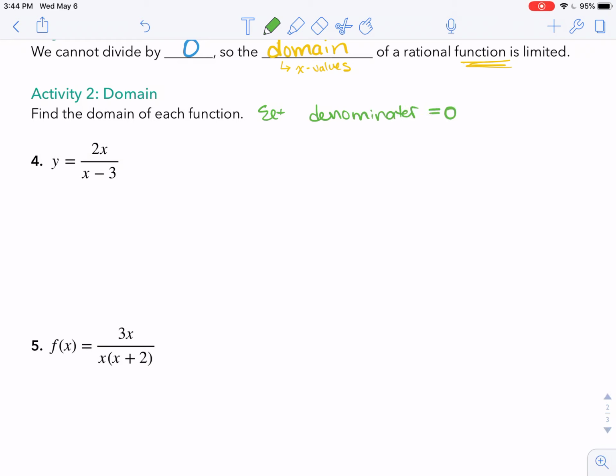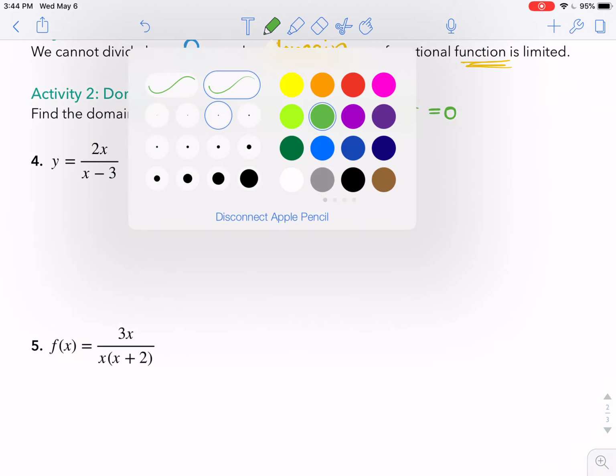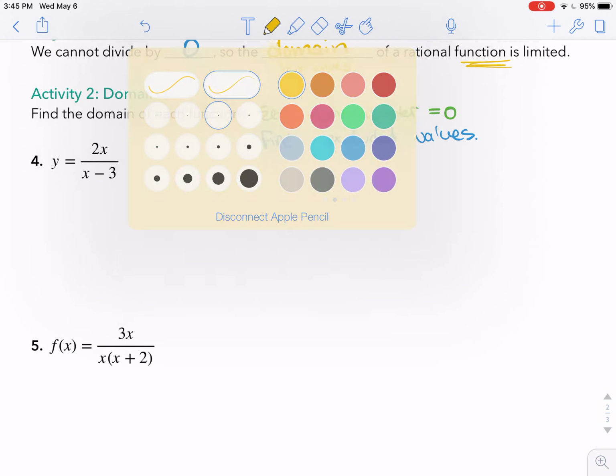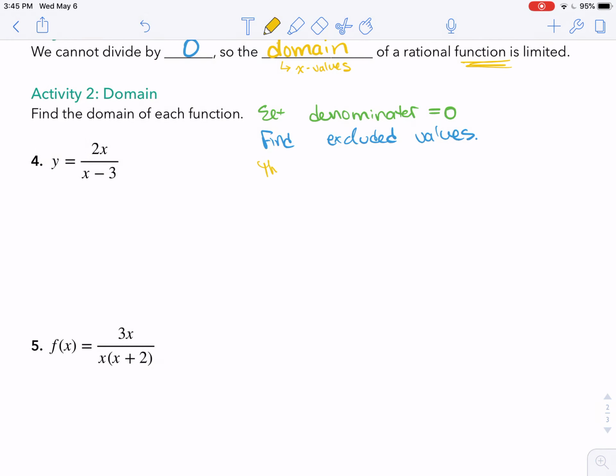Once we have our denominator set equal to 0, we're going to find our excluded values. And once we find our excluded values, we will use the following phrase.